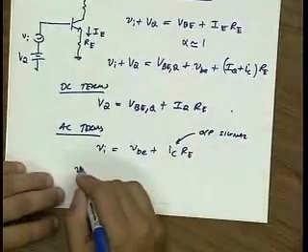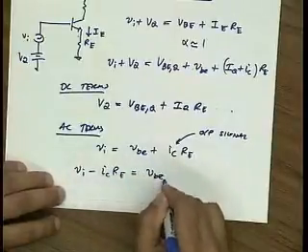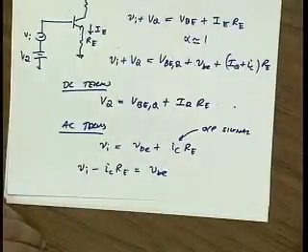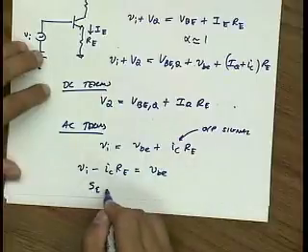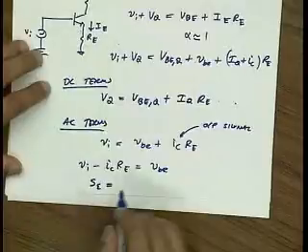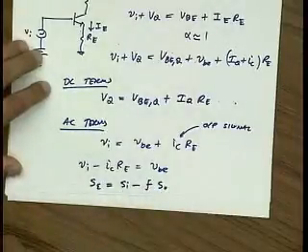So this looks like Vin minus ICRE is equal to VBE. In other words, this looks like some error signal is being generated, which is the VBE, which is the input minus some fraction of the output.